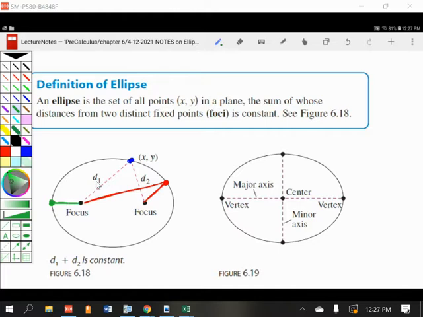This distance from here to here plus the distance from here to here, from focus to point and from focus to point. When you add those 2 numbers together, they would add up to the same constant. So the definition of an ellipse, the set of all points in a plane, the sum of whose distances from 2 fixed points is constant.